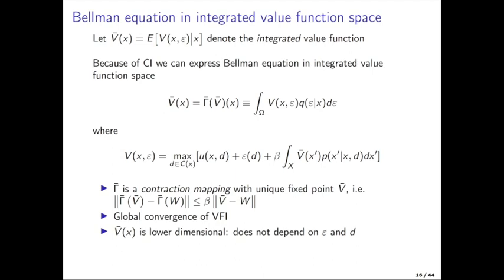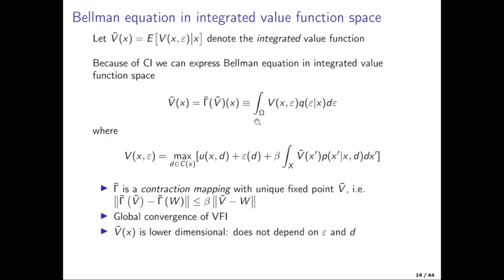Here we will express the Bellman equation in the so-called integrated value function space, or some people call it the smooth value function. The difference between the expected value function and the integrated value function is that we are not integrating over the observed state variables x. So we are essentially not taking the expectation with respect to future values of x, only with respect to future values of epsilon.